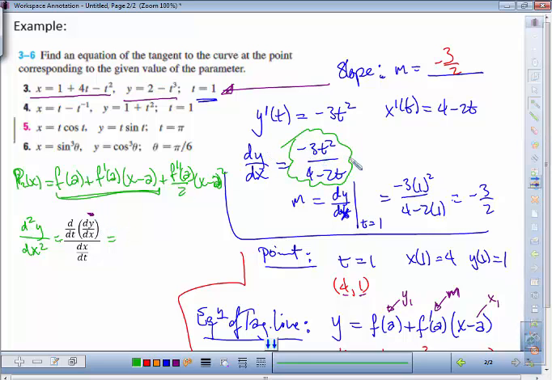I want the derivative of this in my numerator, and I want the derivative of x with respect to t. Wait, I already did that, right? That one should be easy. What's dx/dt? We did that already. That's 4 minus 2t. The d/dt of dy/dx is the derivative of this thing with respect to t. Looks like I'm going to have to use a quotient rule.